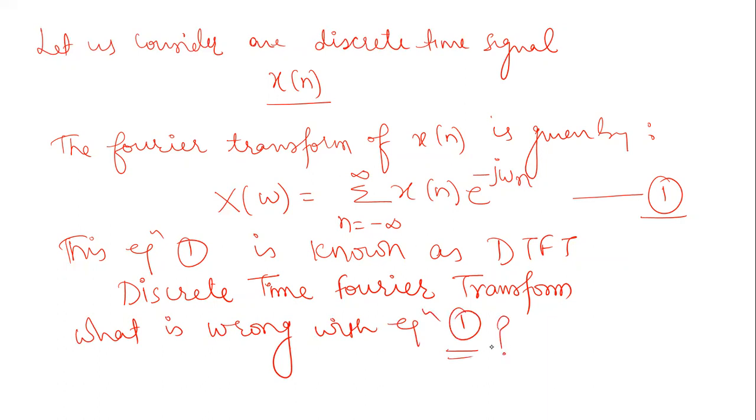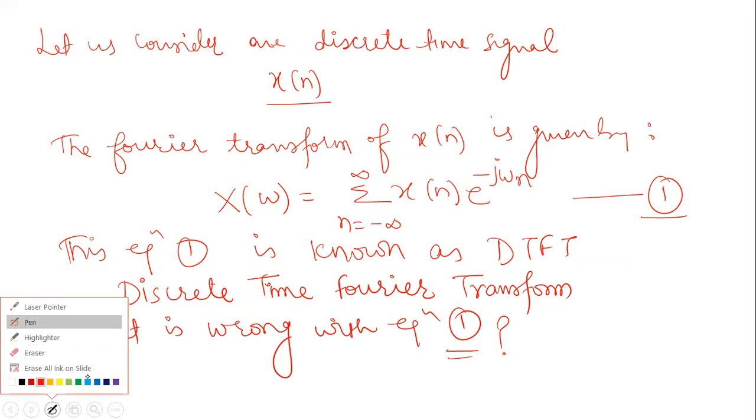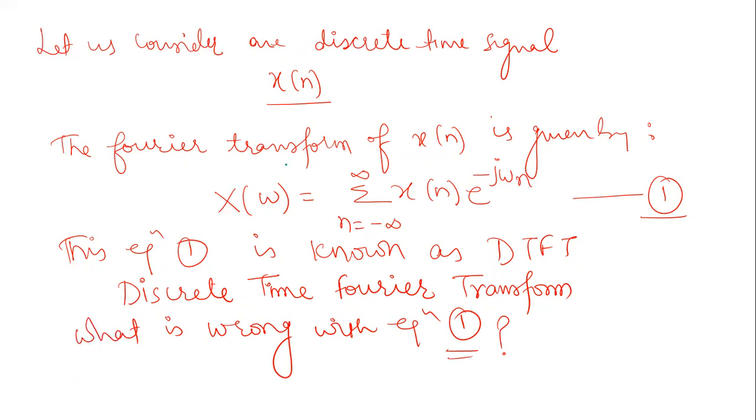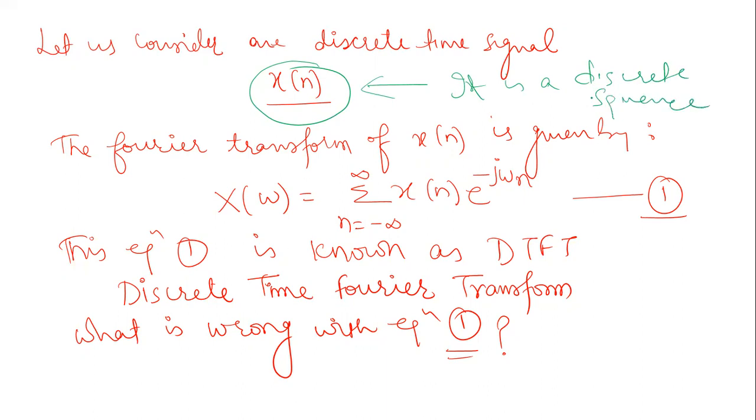So the problem here is that if you see the sequence xn, xn is a discrete sequence. Discrete sequence means a sequence which exists at some specific points, right?